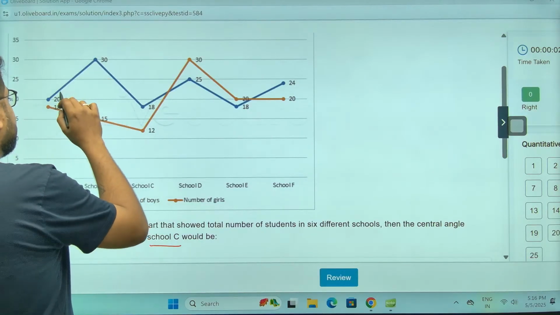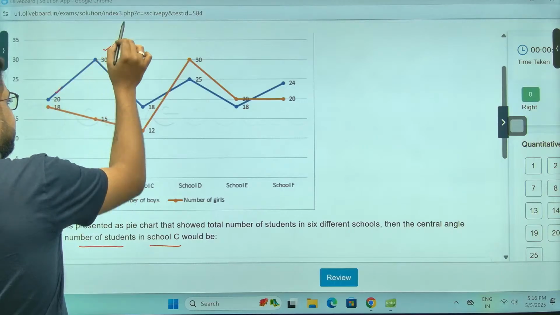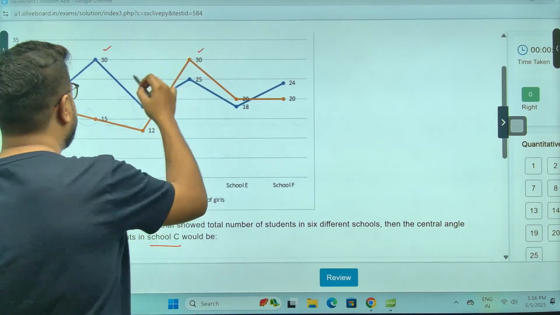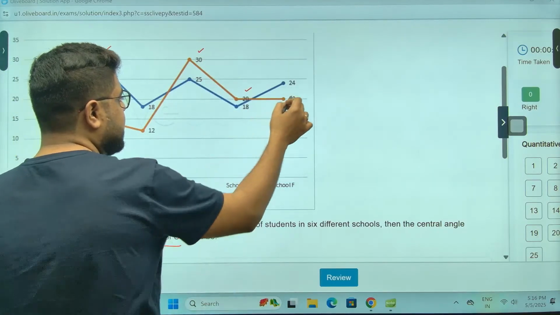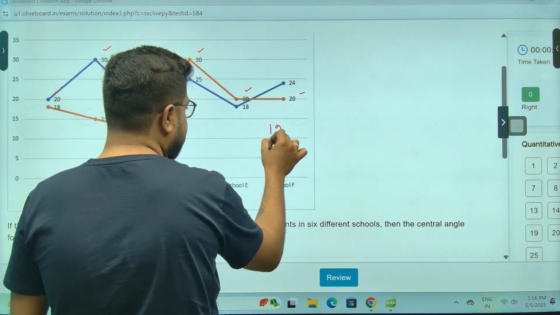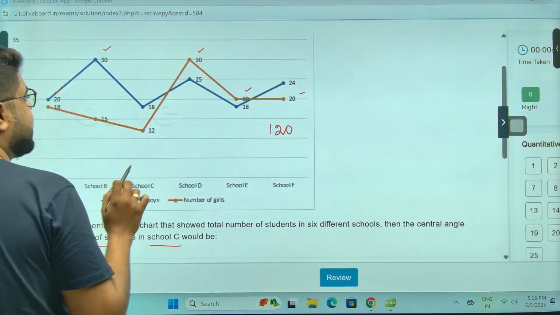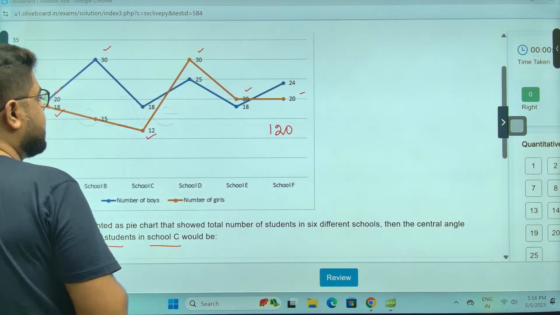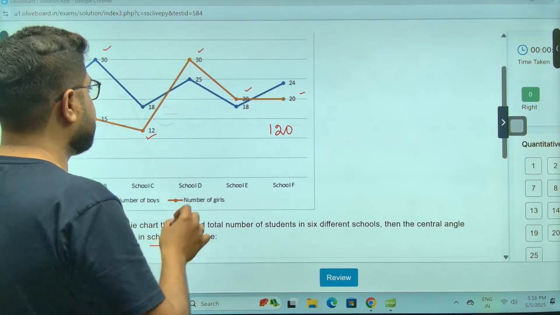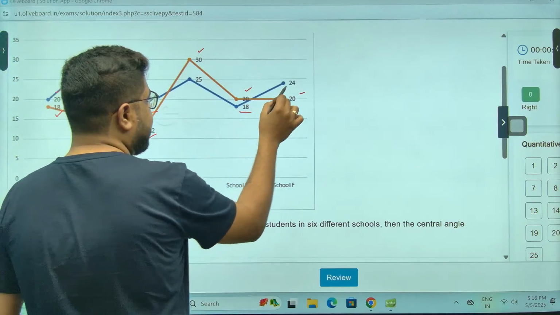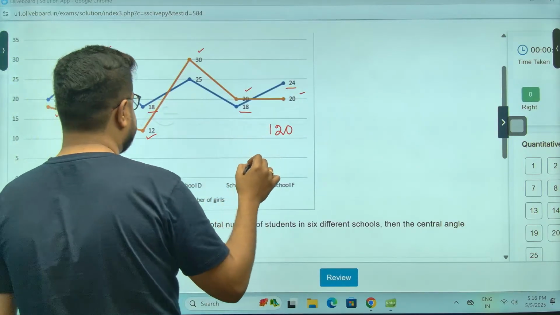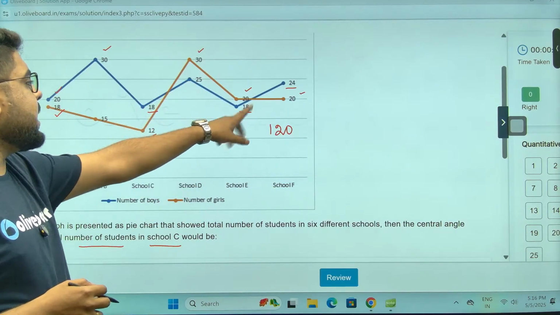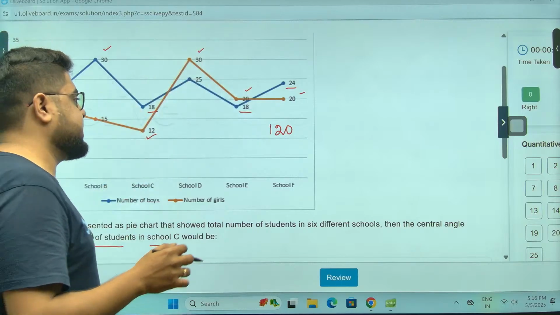Let's keep on adding. 20, 30, 50, 50 and 30, sir. How much? 50 and 50, 100, 120. Next, let's be a little easy. 18 and 12, 30. 30, 30, 30, 18, 18, 24. 36 plus 24 is 60.